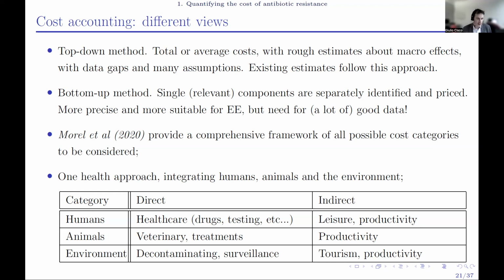For example, the drugs that are needed, the testing, and so on. While the indirect costs are basically the costs connected to the treatment, but that are not included in the cost of the treatment, and are in this case more about, in general, the social cost and not the medical cost.